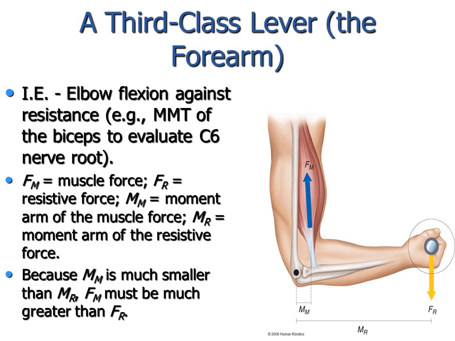So consider the biceps acting to produce the movement of forearm flexion. Again, the pivot point about which the forearm rotates is the trochlea of the humerus bone, and the muscle force, the applied force, acts through its attachment on the radius bone at the radial tuberosity, as you know.